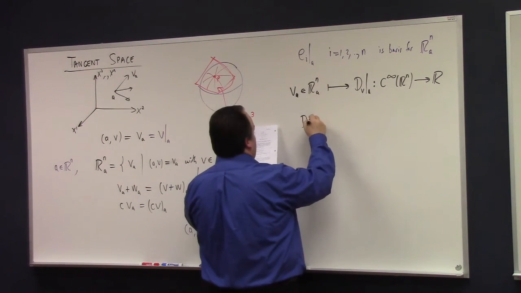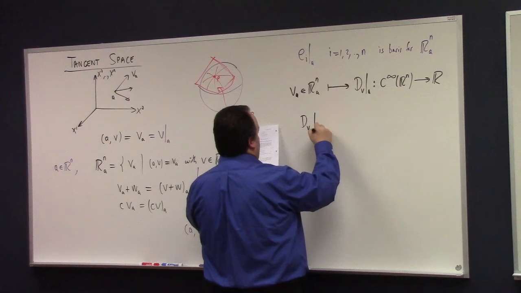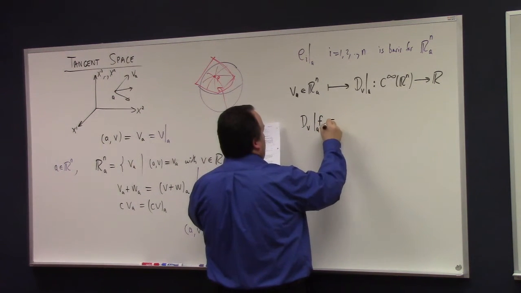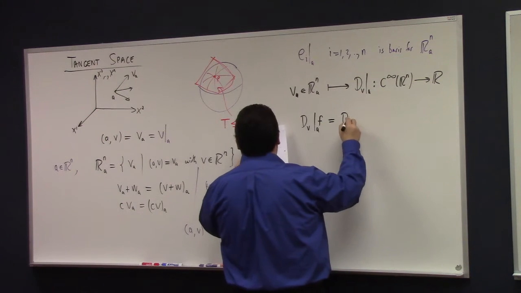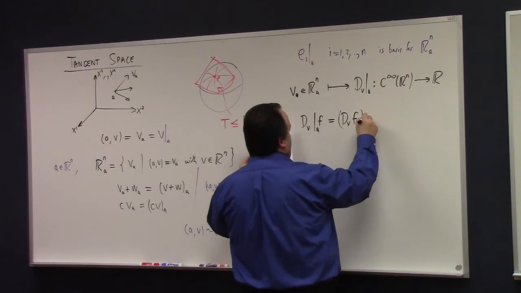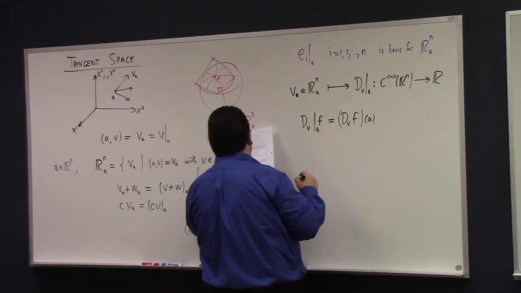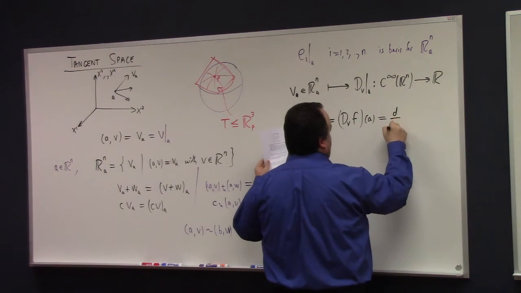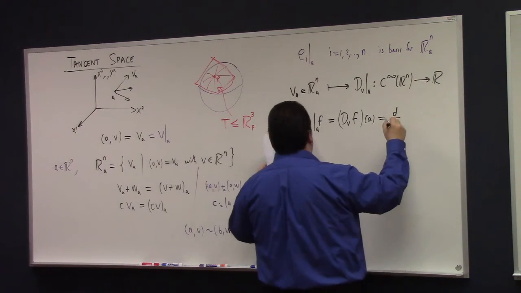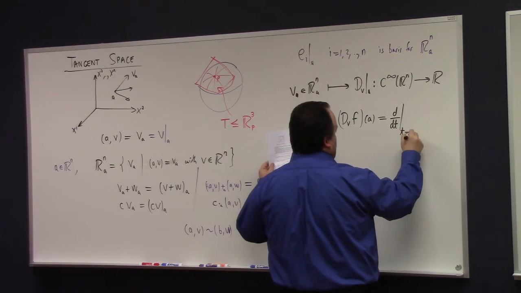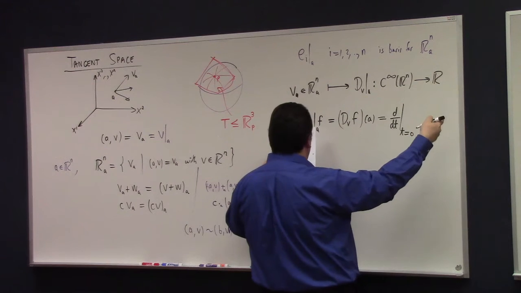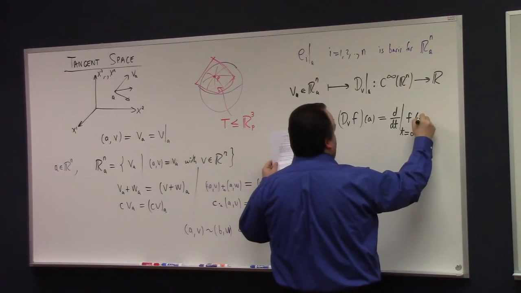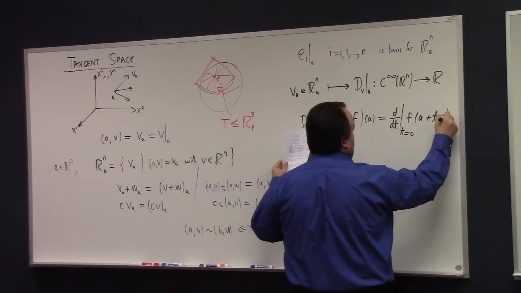D sub v_a acting on f is equal to D sub v f of a, which in particular means take the derivative with respect to t at t equals 0, differentiate, then put t equal to 0 at the end, all right? That's what that means. Of f of a plus tv.